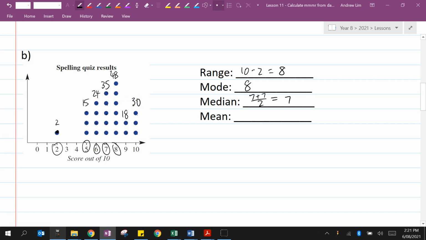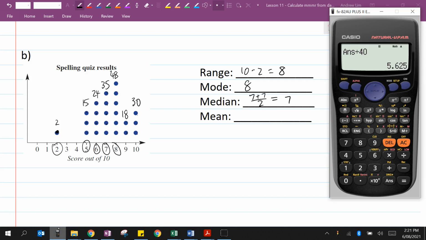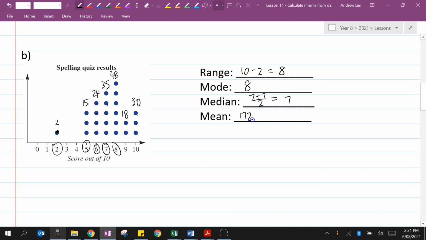So now we can work out the total scores made altogether from all the students by adding them together. 15, 24, 35, 48, 18, and 30. 172.